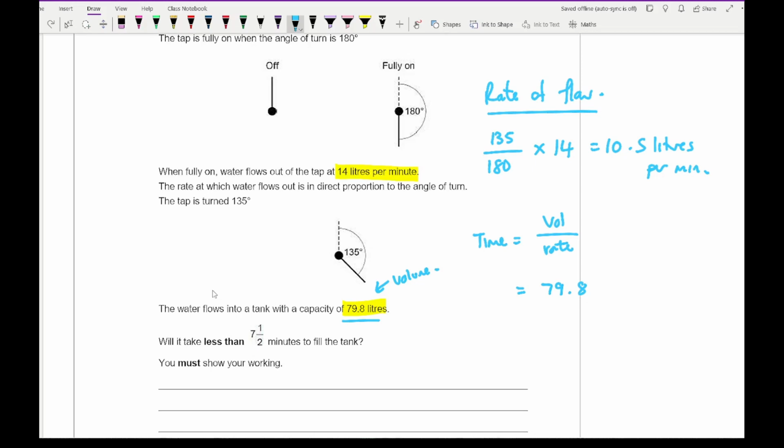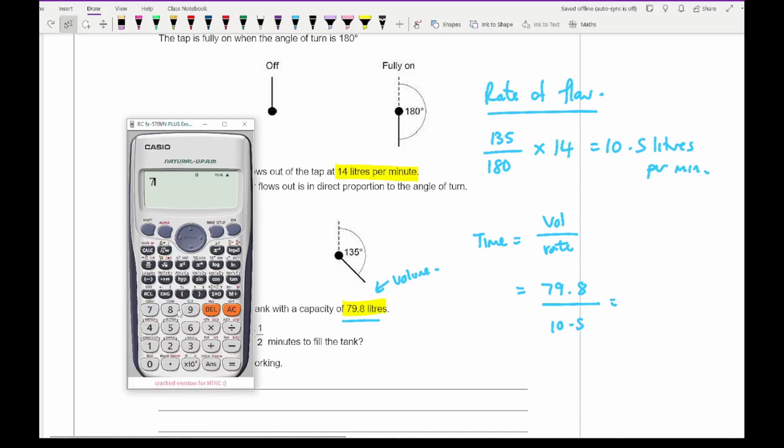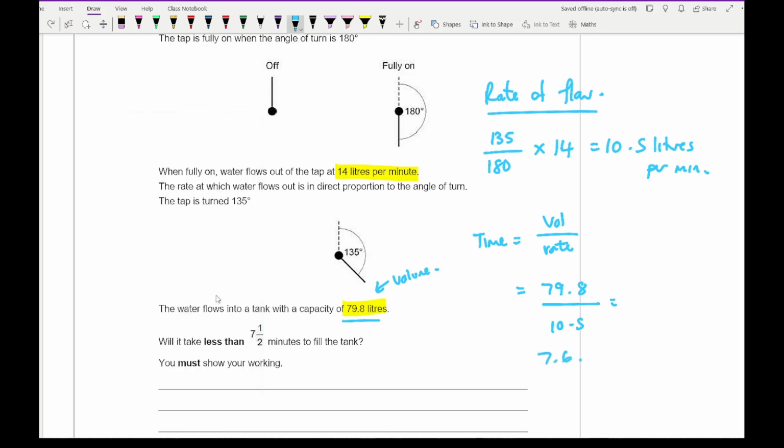So 79.8 divided by 10.5, and if I type that into my calculator, 79.8 divided by 10.5, press equals, it comes up with an answer of 7.6 minutes.